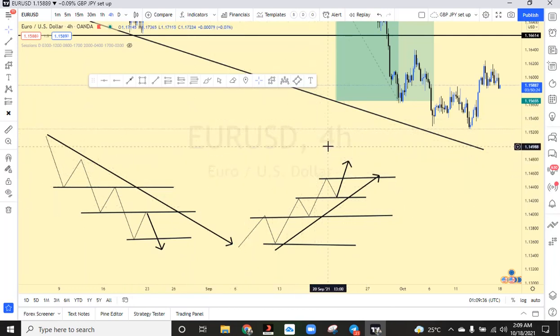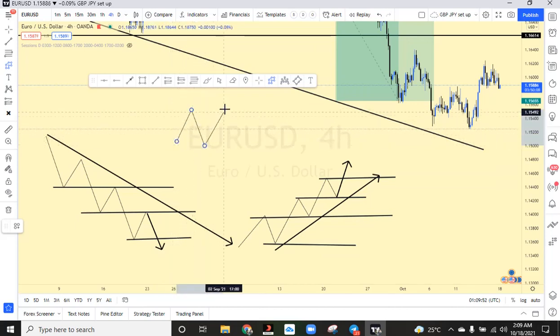You also need to understand that this is not how price moves all the time. There are times when price will have to face indecision in the market, and that's when we notice price doing some up and down moves, up and down moves, and then we call that what? A range.